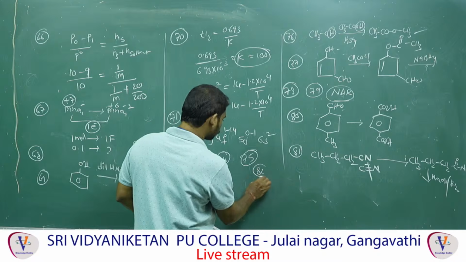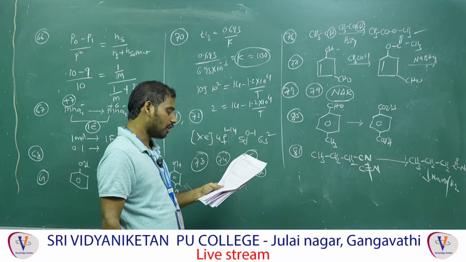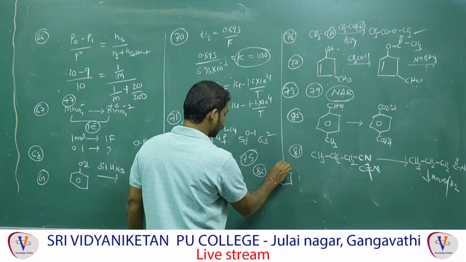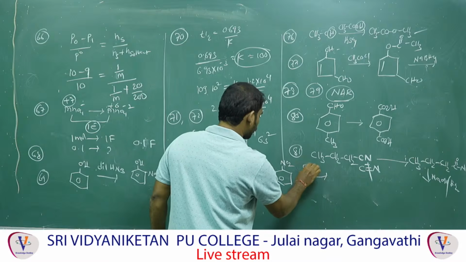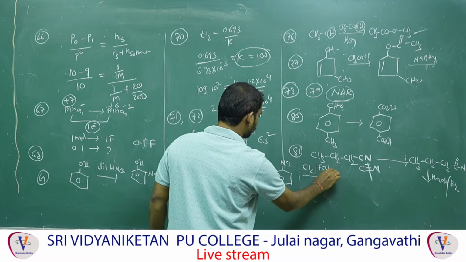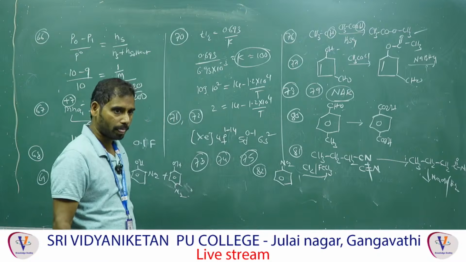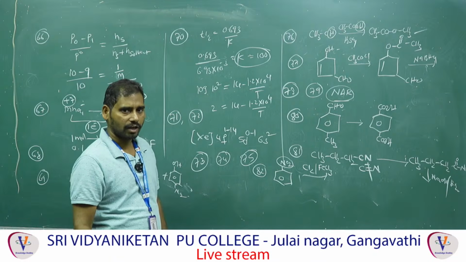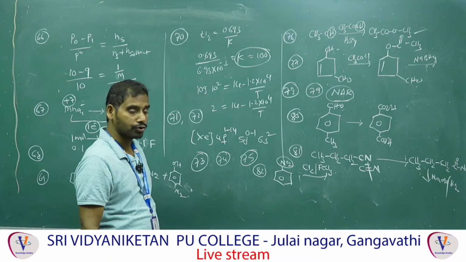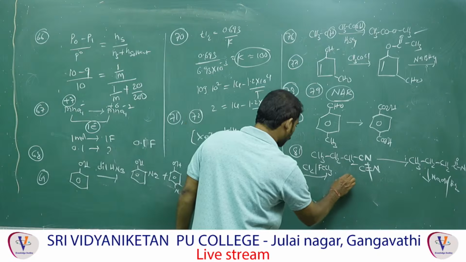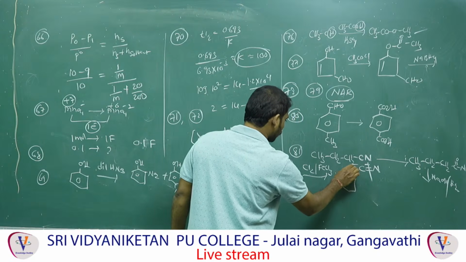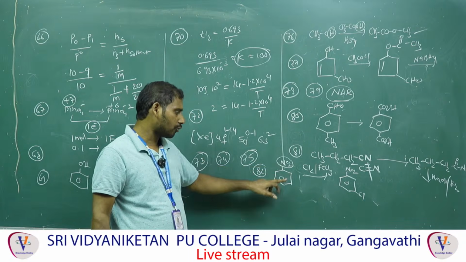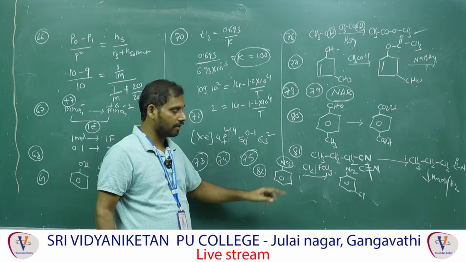Next one, 82. HNO3 followed by Cl2/FeCl3. That is called nitration. Cl2 followed by FeCl3 is called halogenation. This nitro group is an electron withdrawing group. When an electron withdrawing group is there, the incoming electrophile moves to the meta position. So this is the product, with NO2 and Cl. Electron releasing group gives ortho, para. Electron withdrawing group gives meta.